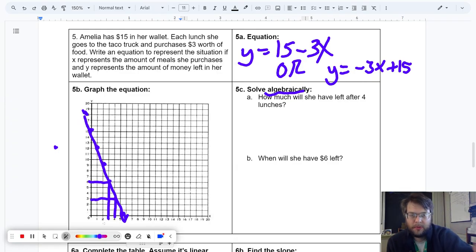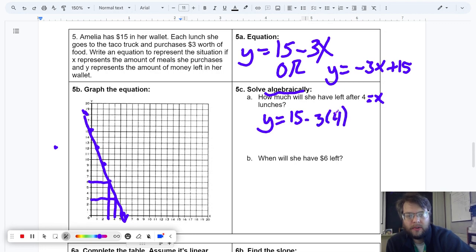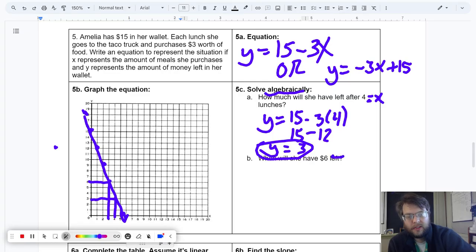Now, how would you do that algebraically? 4 lunches is an x value. So I write y equals 15 minus 3, plug in 4 for x. 3 times 4 is 12. 15 minus 12 is 3. That's my answer. When will she have $6 left? $6 is a y value.